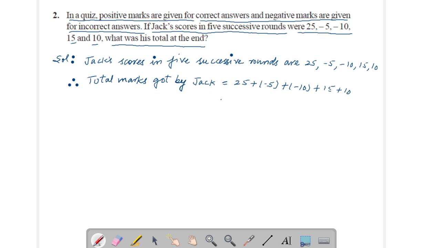Here add the like terms, that is 25 plus 15 plus 10, minus 5 minus 10. Here 25 plus 15 plus 10, it is 50, minus 5 minus 10, it is minus 15, 50 minus 15, it is 35.